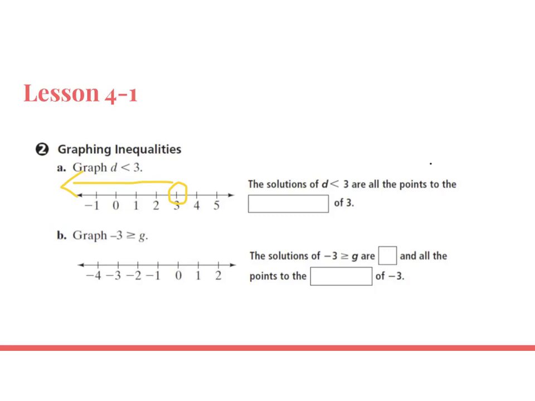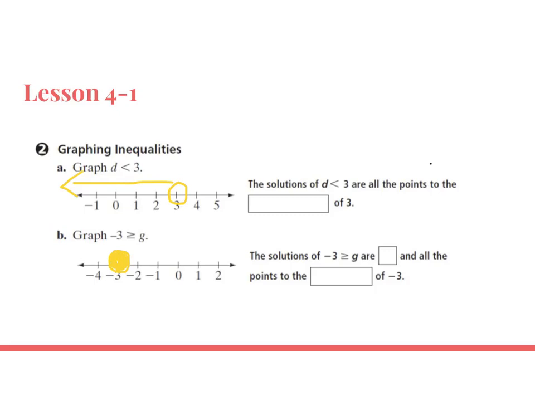In our next example, we have -3 is greater than or equal to g. So again, we are going to place a circle on our -3. But in this case, remember with the equal sign, anything that equals -3 is also going to be a solution. So we fill in that circle, indicating that that is also a solution.